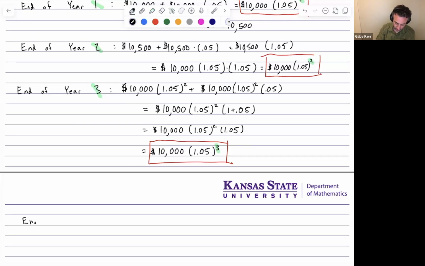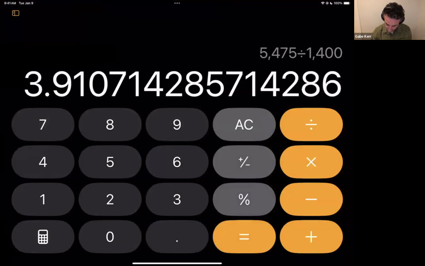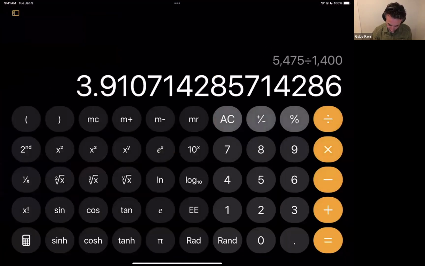So, skipping 4, year 5, we'll have 10,000 times 1.05 to the 5th, which, if we want to calculate it, it's definitely handy to bring in a calculator. I think a scientific one might be better.